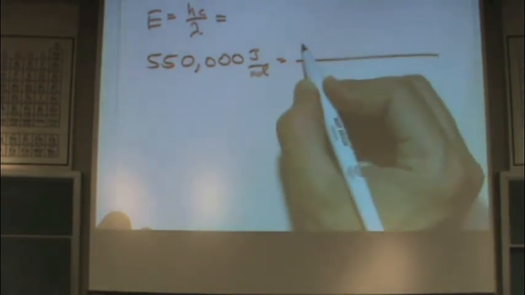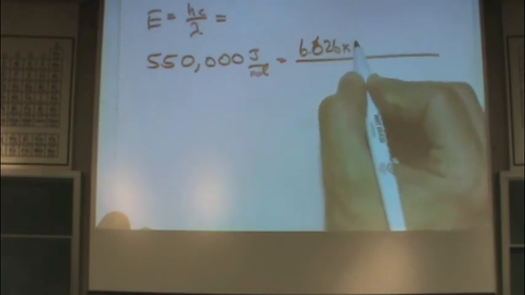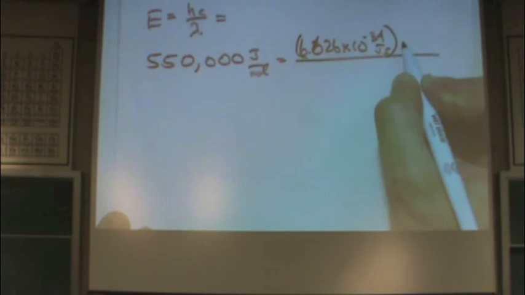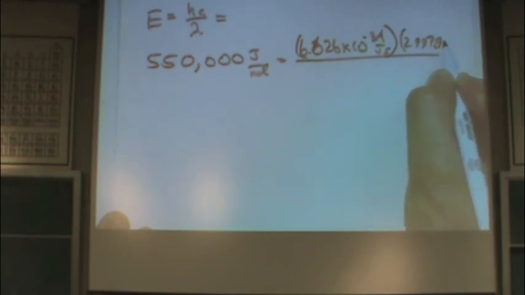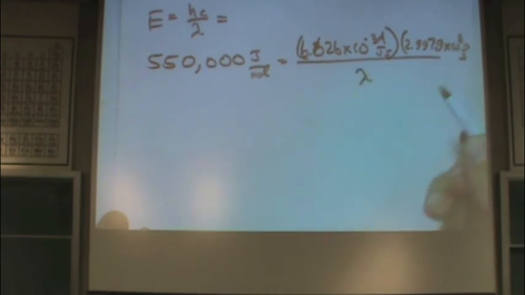H is 6.626 times 10 to the minus 34 joule seconds. C is 2.9979 times 10 to the 8th meters per second, and lambda is what we want.